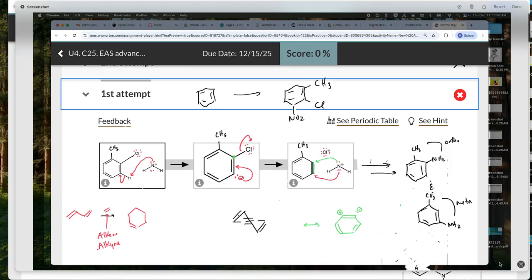Well, how do I get a CH3 on a structure? How do I get a chlorine on the structure? How do I get NO2 on the structure?